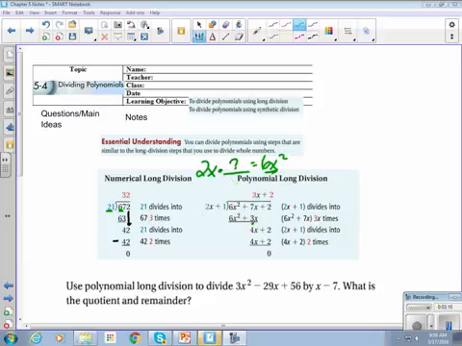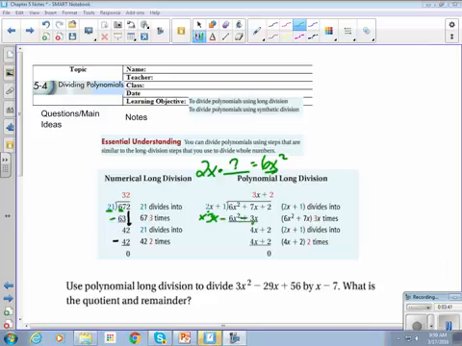So I multiplied the 2x times 3x to get 6x squared, and I multiplied it by the 1 to get the 3x. I got the 3x by saying, what do I multiply 2x by to get 6x squared? Then I change the sign.